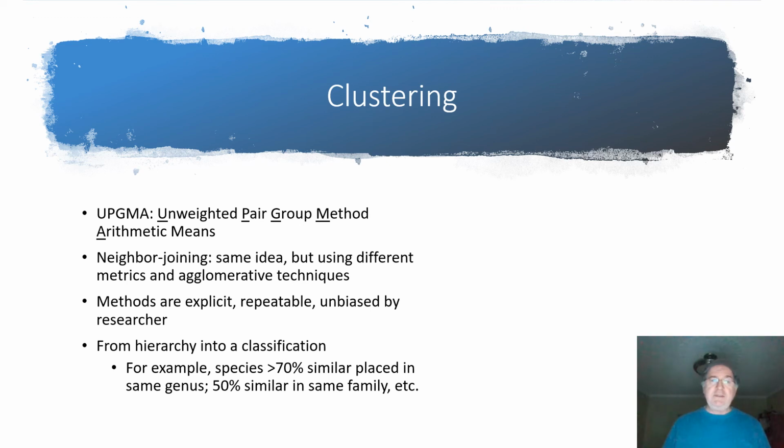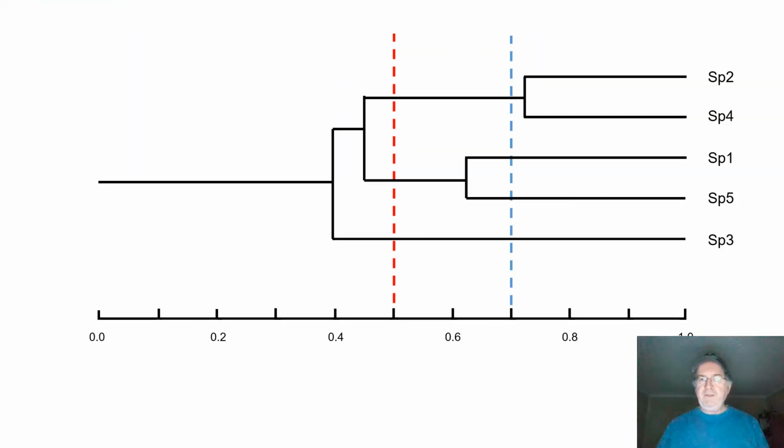Well, the phoneticist approach was to say, we could take specific values of similarity or specific values of distance and say that if you're this much close, then you belong in the same genus. If you're that much close, you belong in different families. So for example, if we say that species that are 70% or more similar should be placed in the same genus, and anything 50% or more similar should be in the same family, then we can take our little exercise we just completed, and here's the 70% marker, here's the 50% marker.